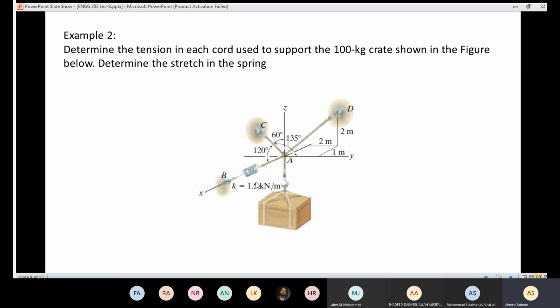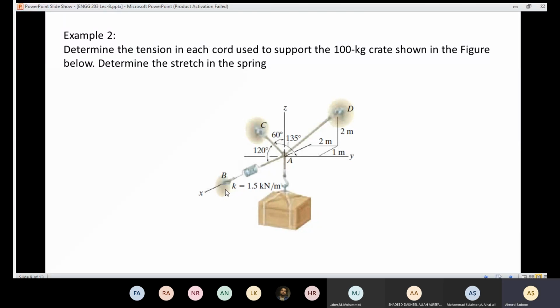We need to determine the tension in each cord or cable. We need to know the tension in AC and AB and AD. And also, since we have a spring here, we need to calculate the stretch in AB. So the stretch in AB is required as well.